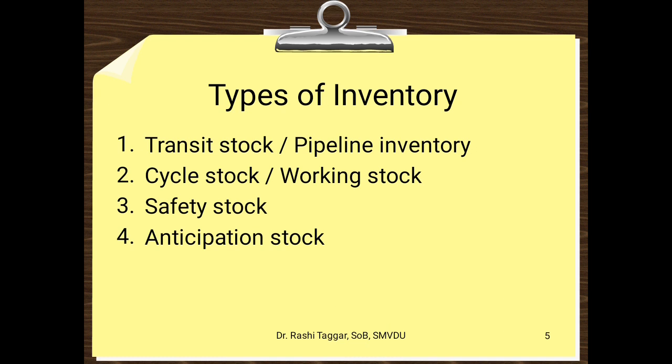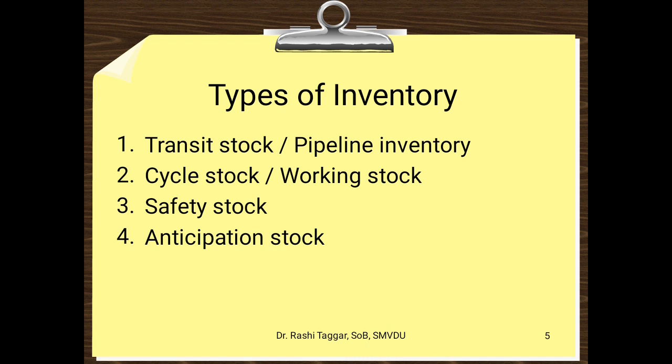Second is cycle stock or the working stock. The amount of stock that satisfies regular sales orders, that is cycle stock. The organizations can sell and replenish according to plan on the basis of cycle stock available.